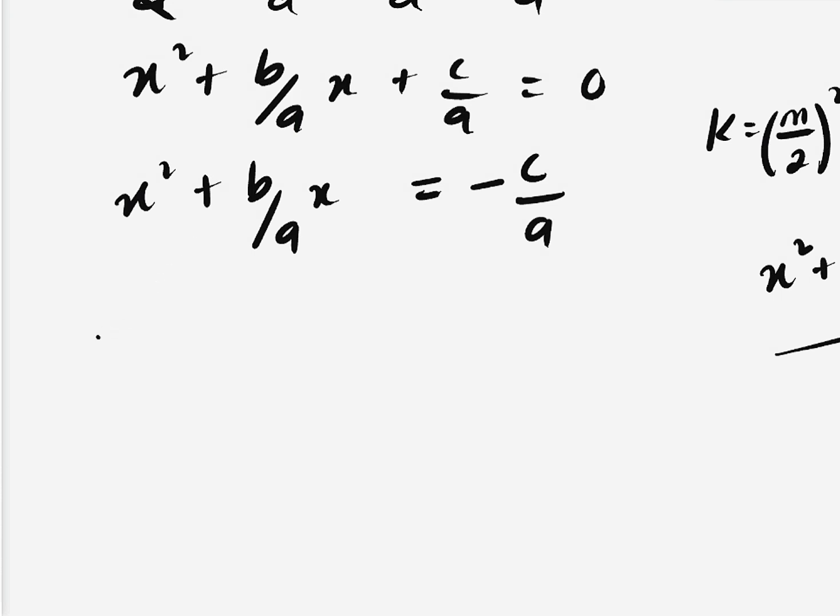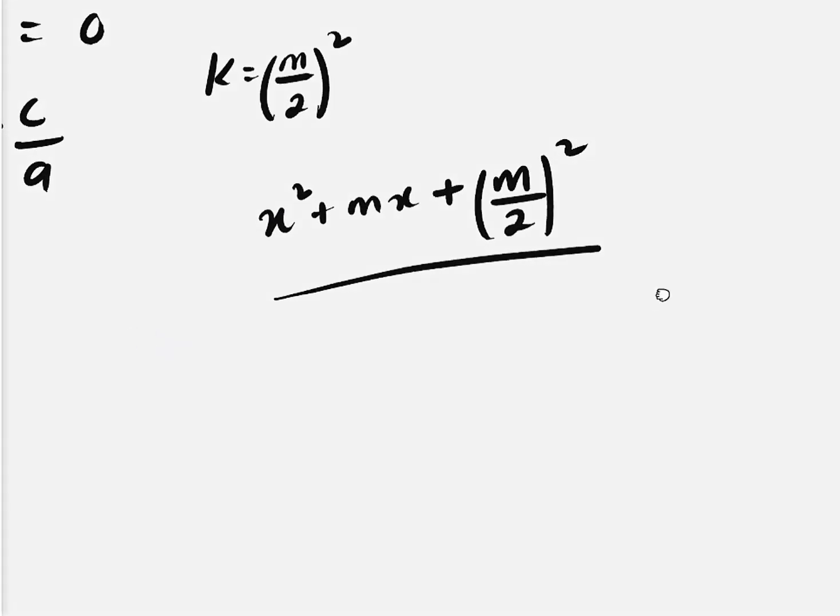So we have x squared plus b over a x plus, now let's look at it. We need to divide this value by 2 and also square it. Let's see how it will look. We have b over a and we want to divide it by 2. Then afterward we square it.